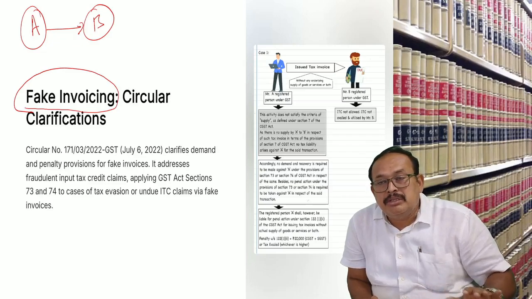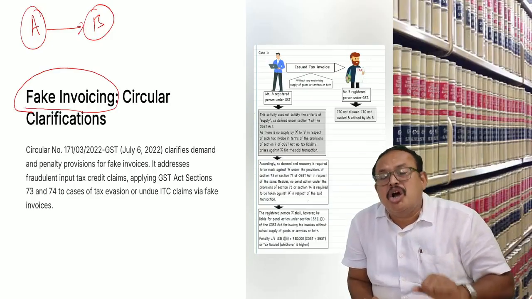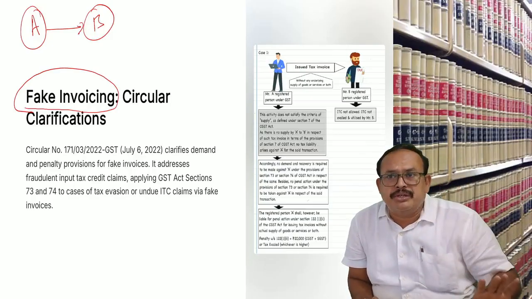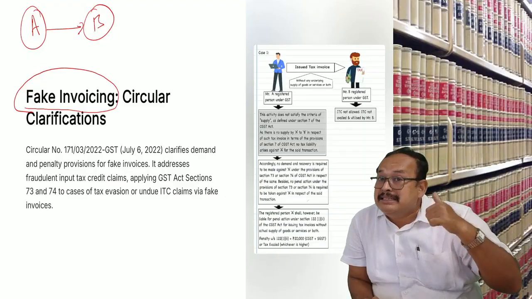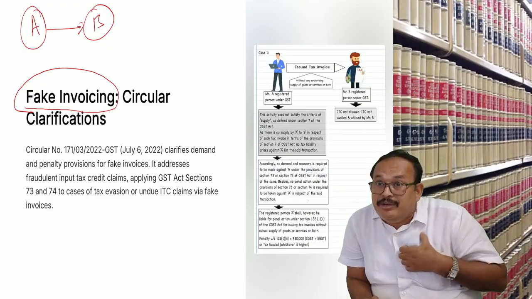Now, sir, if he avails the ITC wrongly but does not utilize it, he does not hit section 16 subsection 2 clause A, but wrongly availed the ITC.